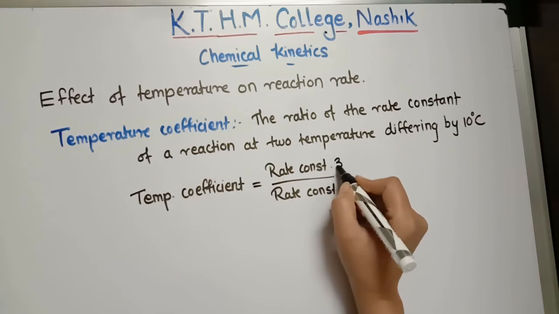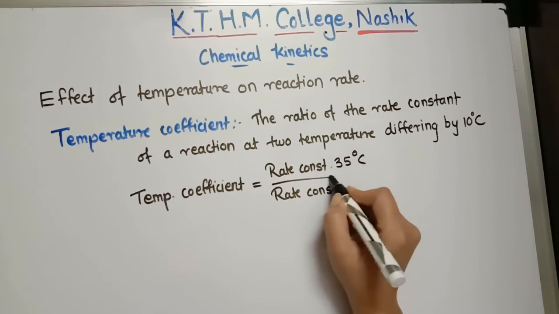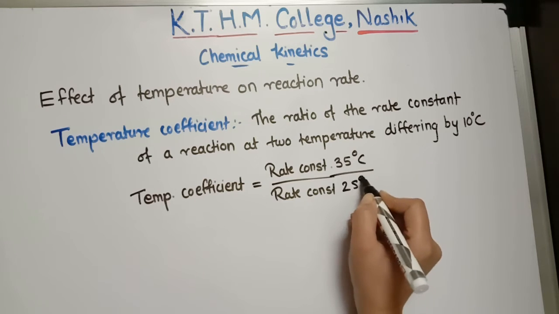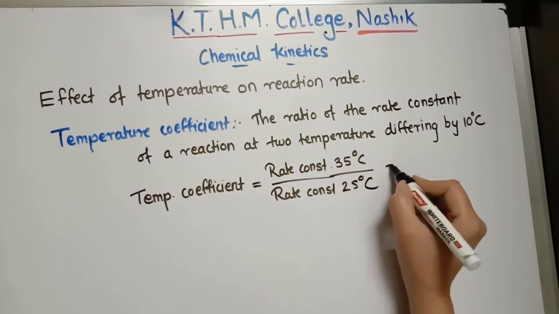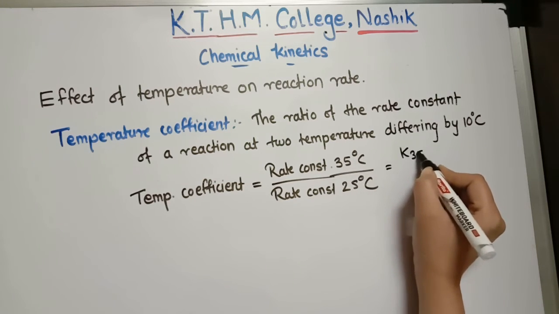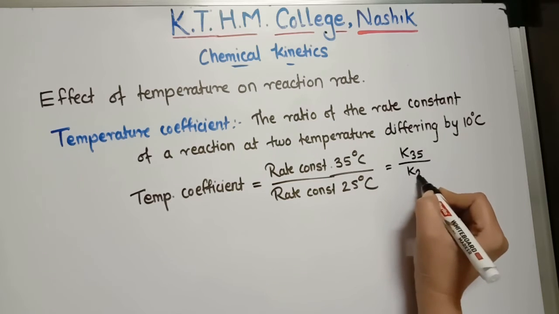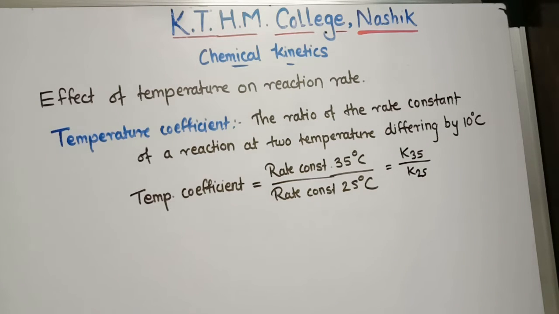So for example, if this is 35 degrees Celsius and 25 degrees Celsius, so that is K35 upon K25. This is known as the temperature coefficient.